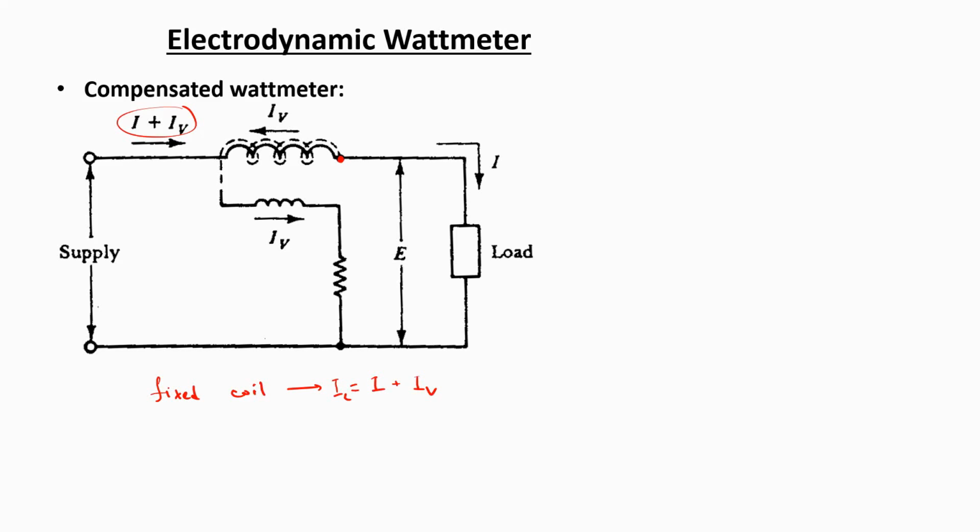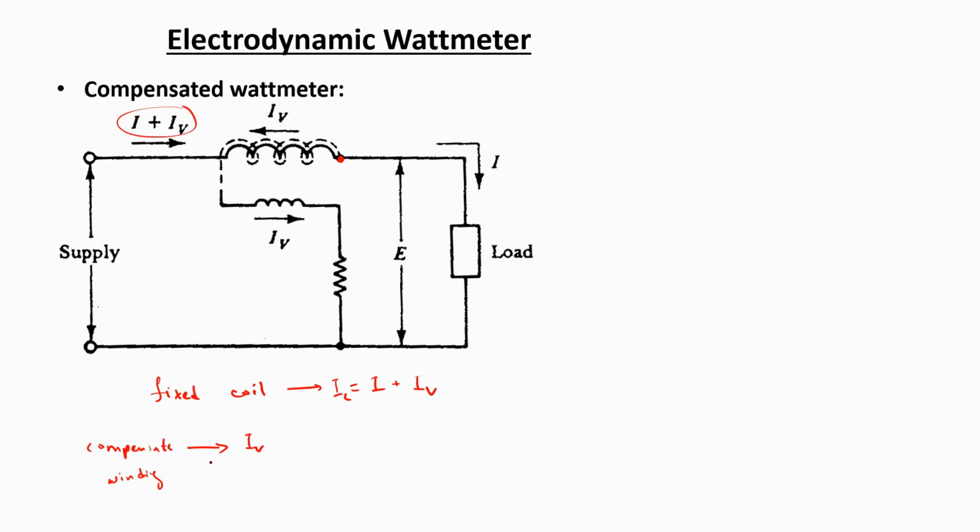Now this opposing compensated winding is going to carry only the moving coil current, that is IV.